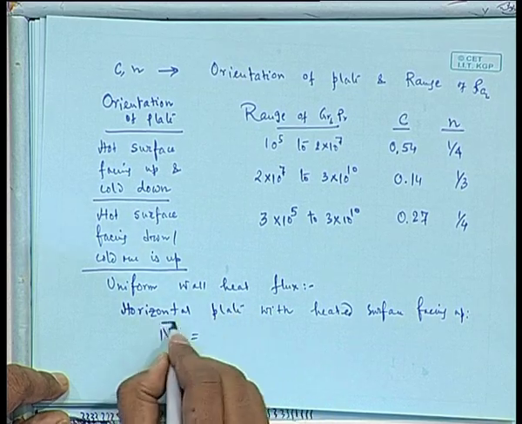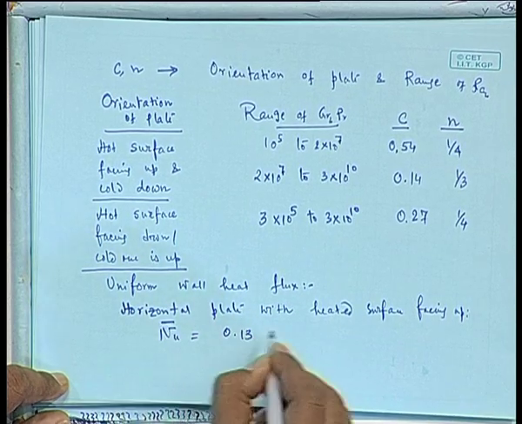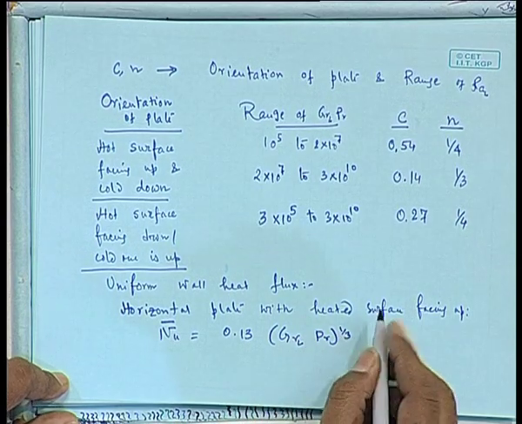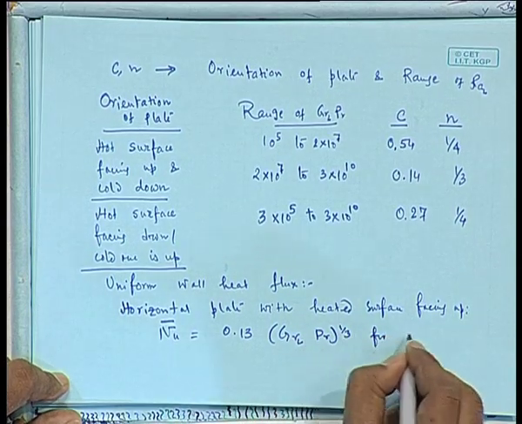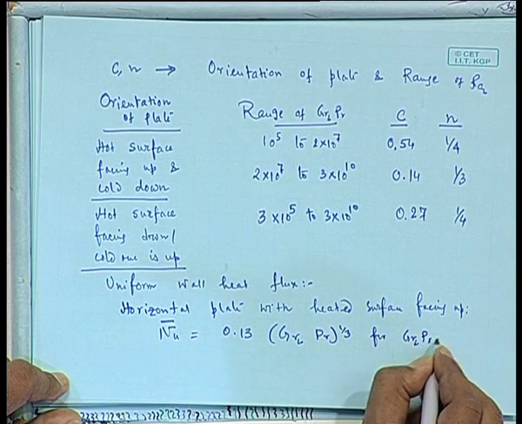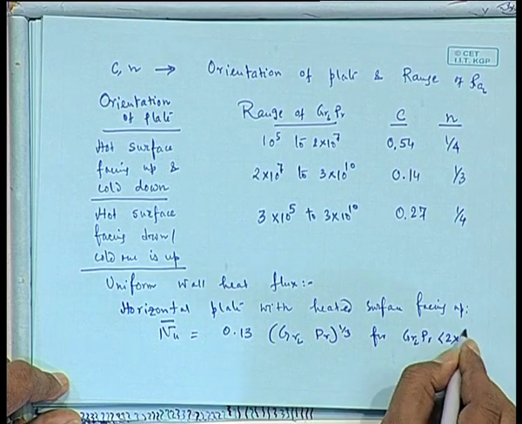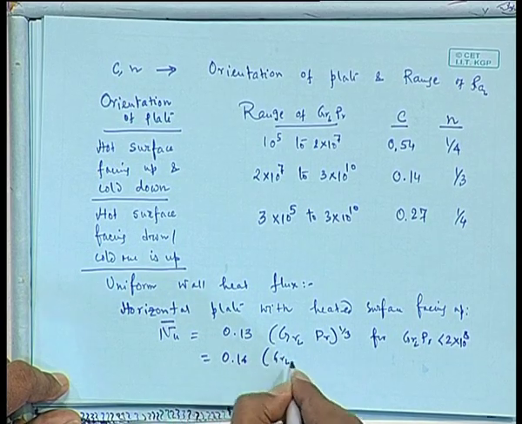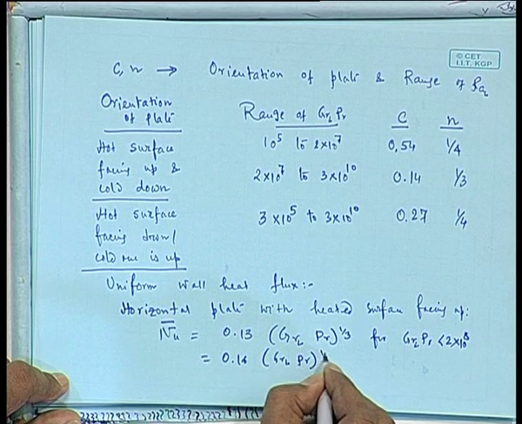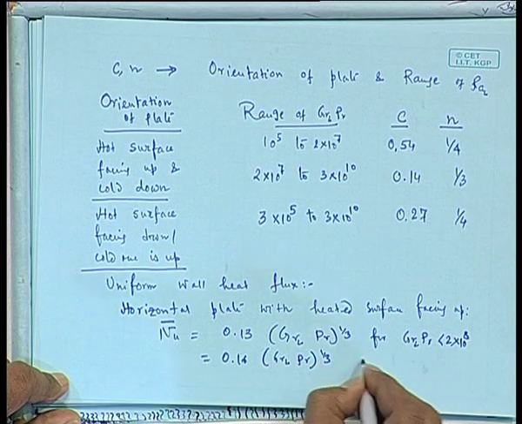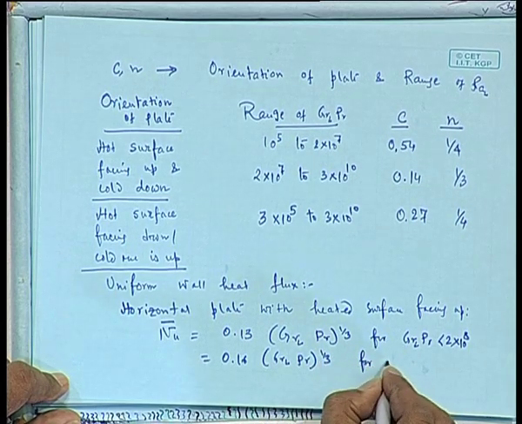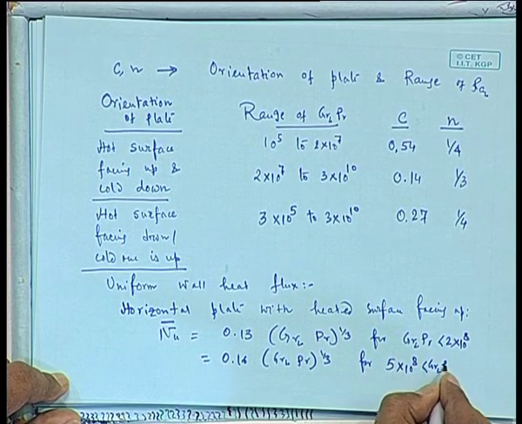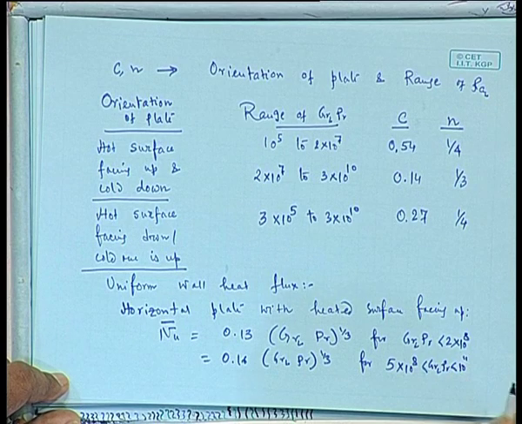Average Nusselt number is 0.13 Grashof-Prandtl raised to the power 1 upon 3 for Grashof-Prandtl less than 2 into 10 to the power 8, and this will be 0.16 Grashof-Prandtl raised to the power 1 upon 3 for 5 into 10 to the power 8 to 10 to the power 11.